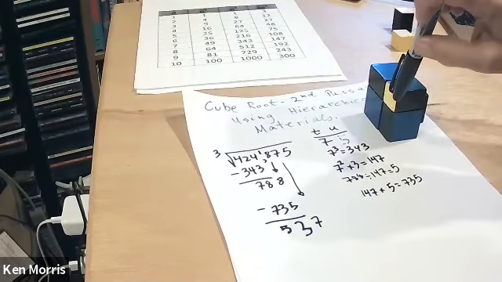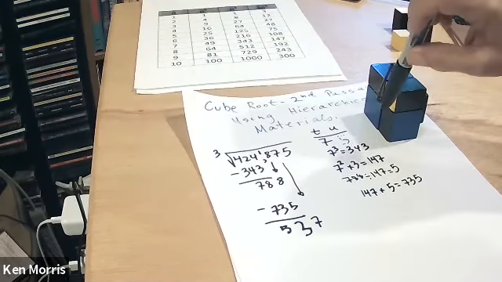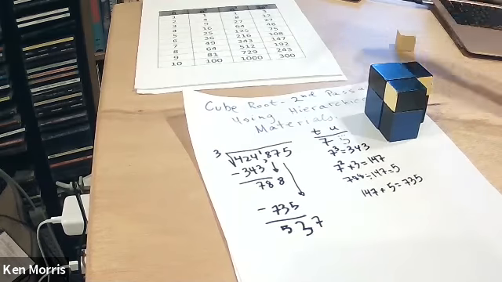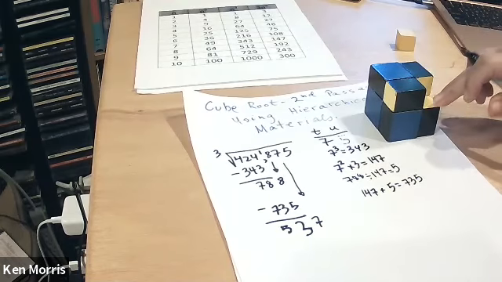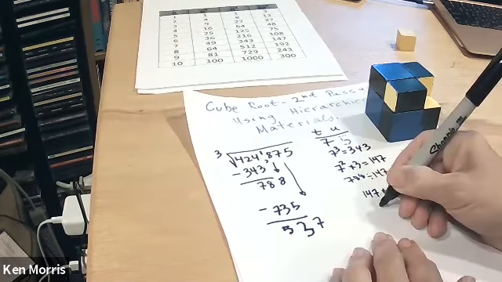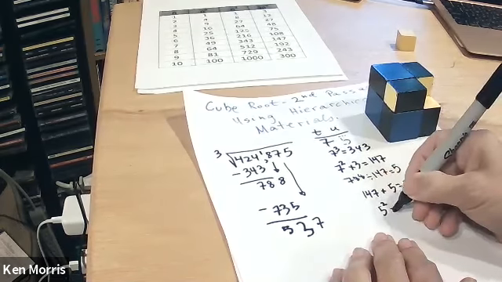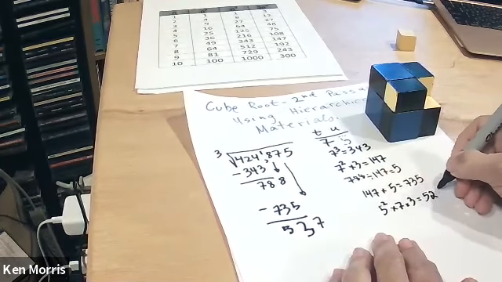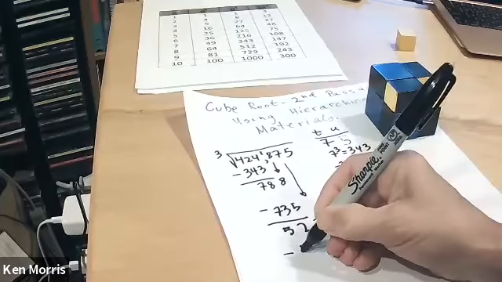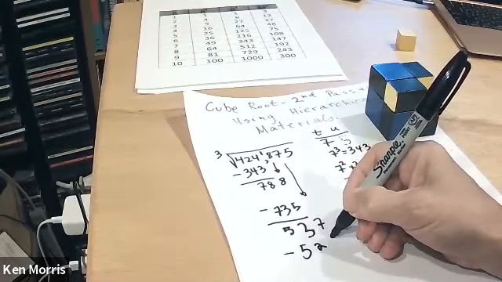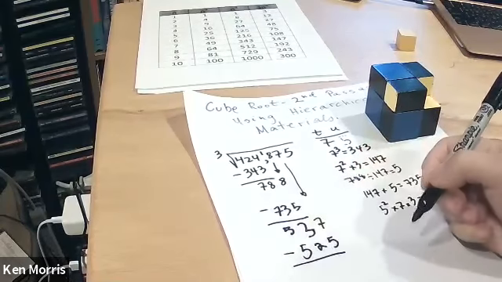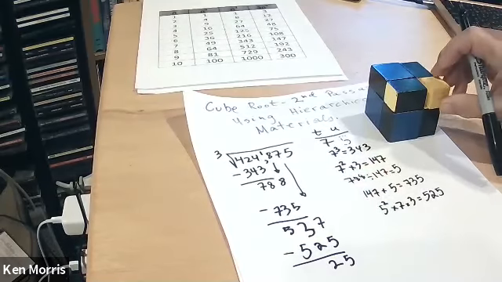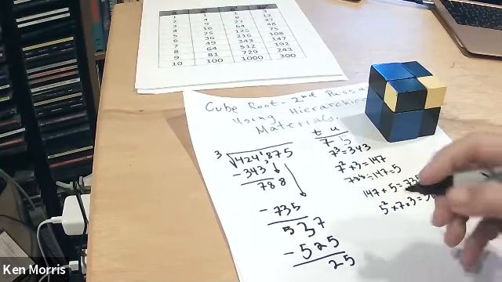This is 5 squared times 7. 5 squared times 7 taken 3 times equals 525, which we're going to subtract here, leaving us with 25, which of course is 5 squared.